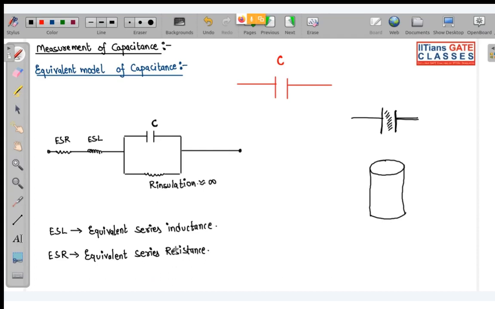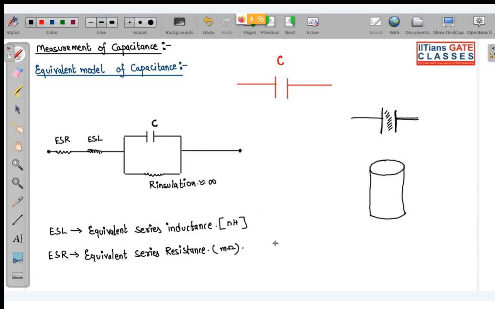Okay. So basically this equivalent series inductance is usually in the range of nanohenry. Okay, nanohenry. So that is very, very small, 10 to the power minus 9. Whereas this equivalent series resistance is in your milliohm region.